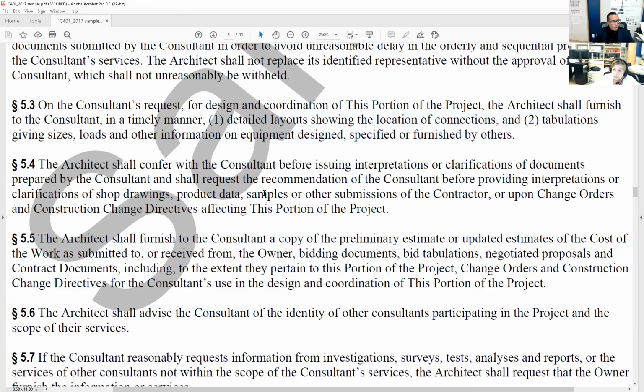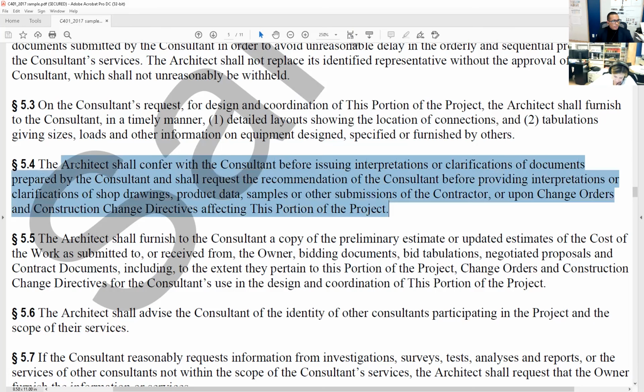And then section 5.4, the architect shall confer with the consultant before issuing interpretations or clarifications of documents prepared by the consultant and shall request the recommendation of the consultant before providing interpretations or clarifications of shop drawings, product data, samples, or other submissions of the contractor or upon change orders and construction change directives affecting this portion of the project.